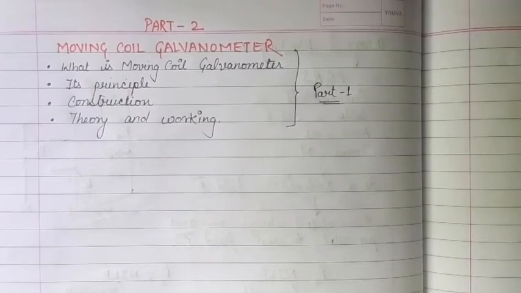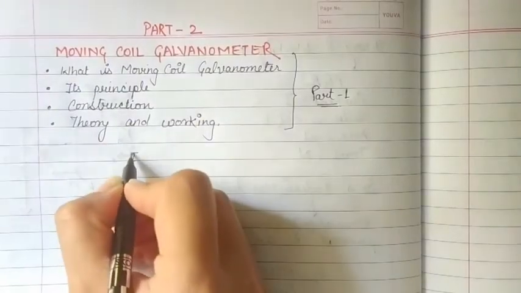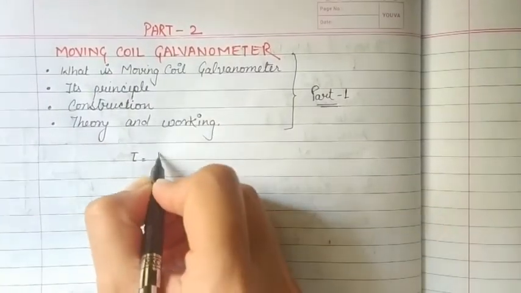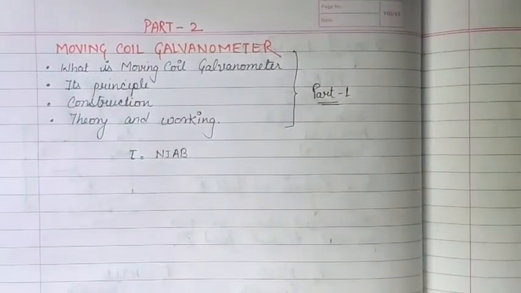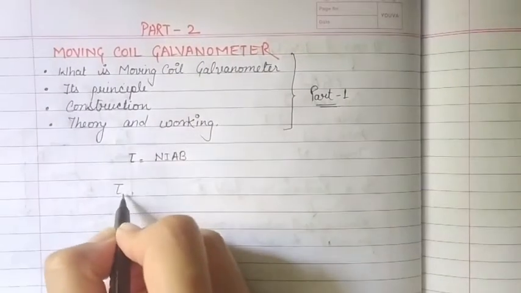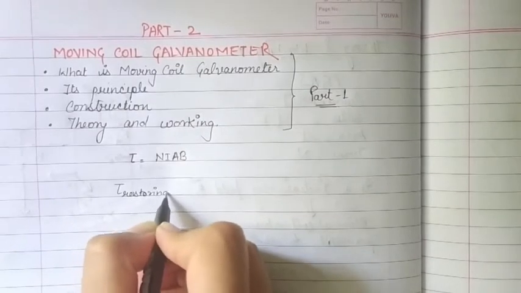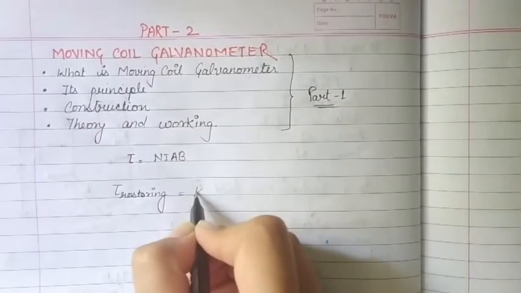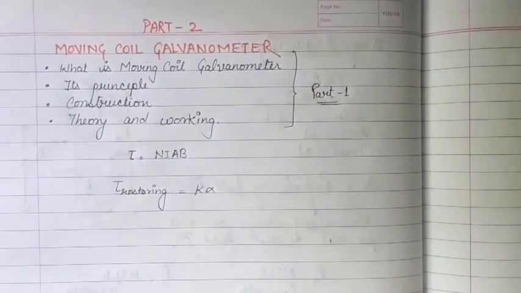While studying its theory and working, we found that the torque acting on the coil, tau, is equal to NIAB, and we also find that there is a restoring torque acting on that coil, which can be given as tau restoring equal to K alpha, where K is the torsion constant.